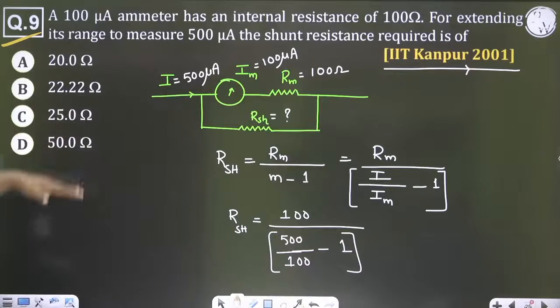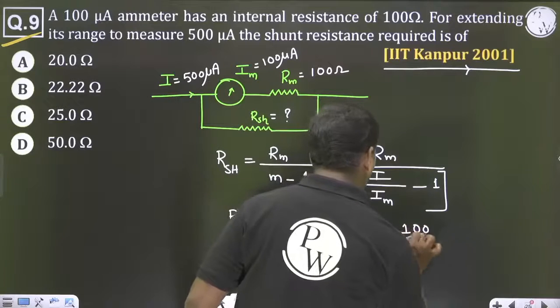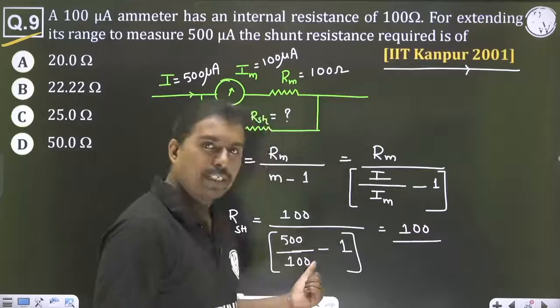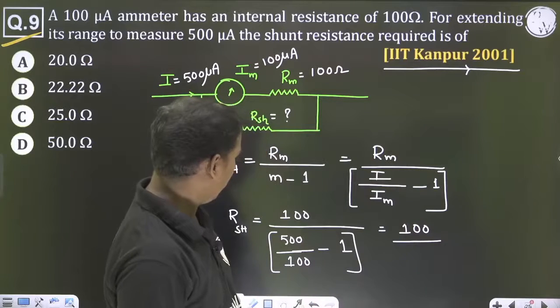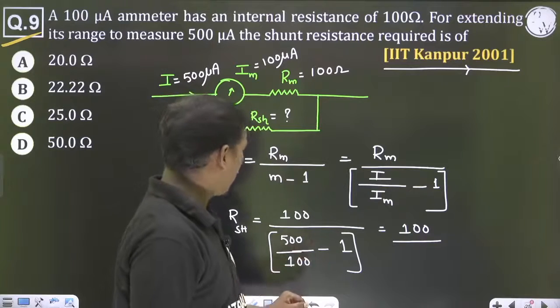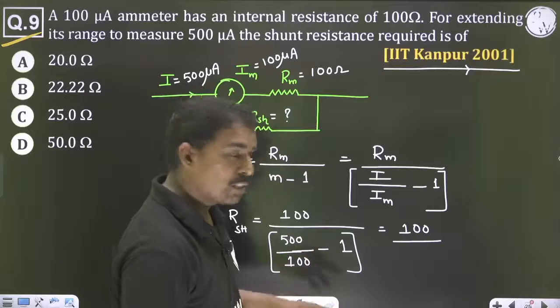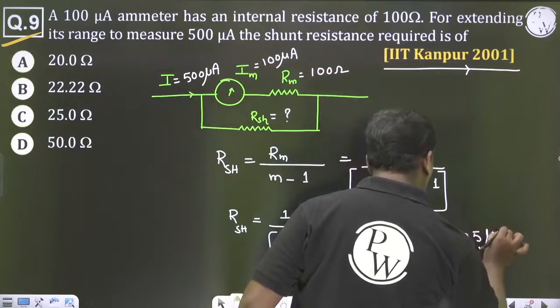Options are very close, so definitely I will use the calculator. So this is 100 by 500 by 100, that means 5 minus 1.